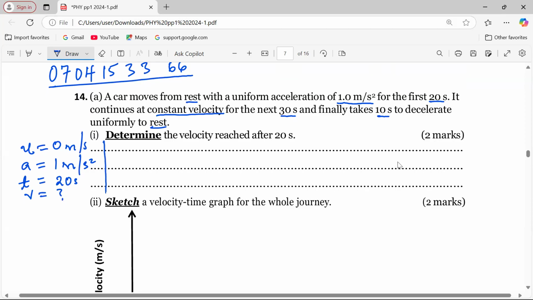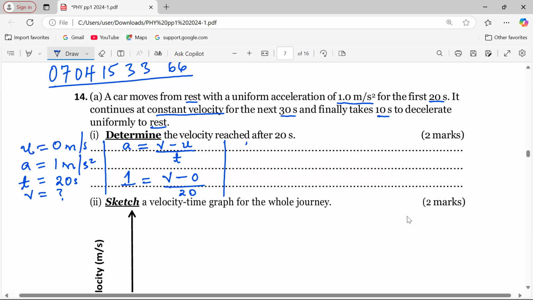So now we tell ourselves that acceleration is usually given by final minus initial out of the time taken. So the acceleration of 1 equals the unknown final minus the initial of 0, divided by the time, which is 20 in this case.